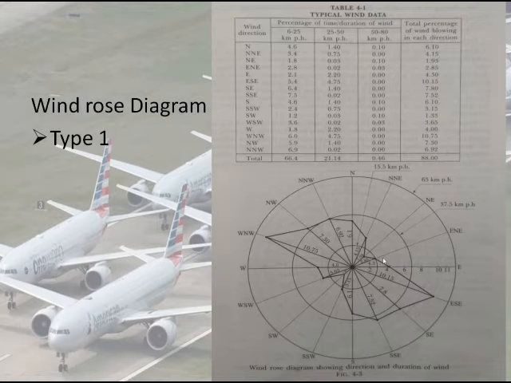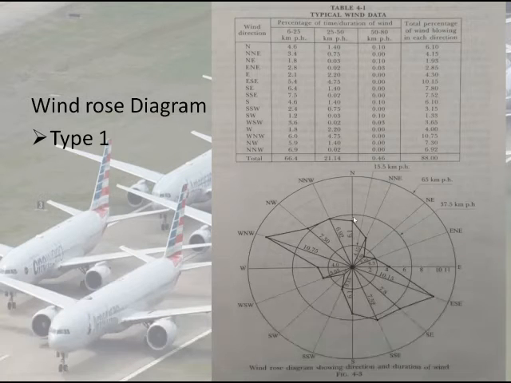From the wind data in table 4.1, the total percentage of wind blowing in north is 6.10, and accordingly this point is marked along the north direction.